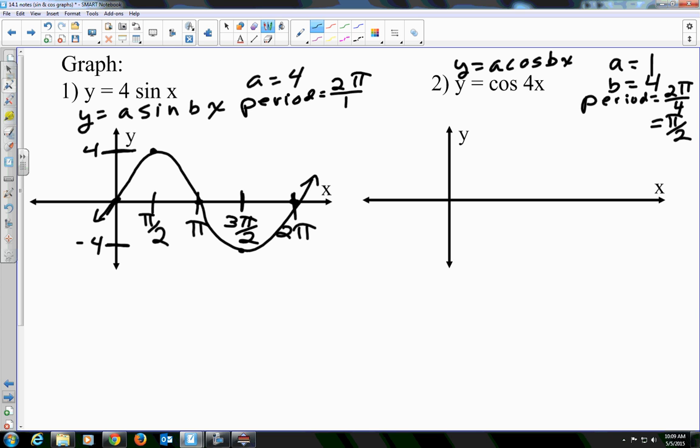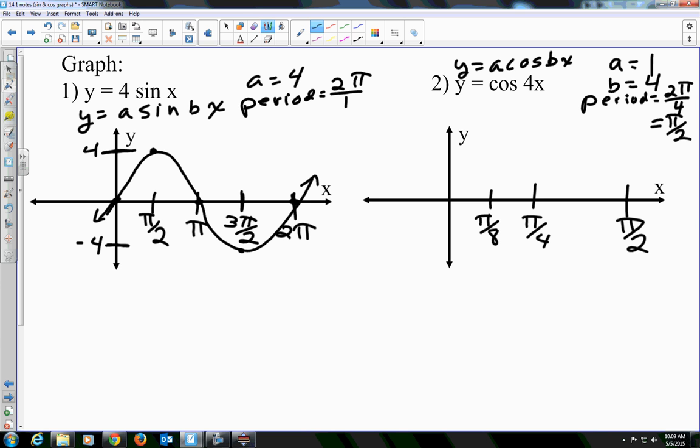Now for today, I'm not going to worry a lot about scale. So I'm going to let you just divide that x-axis into its 4 equal parts. You can go out here to the end and say the end of my period is going to be pi over 2. I'm going to divide it in half. What's half of pi over 2? Pi over 4. What's half of pi over 4? Pi over 8.